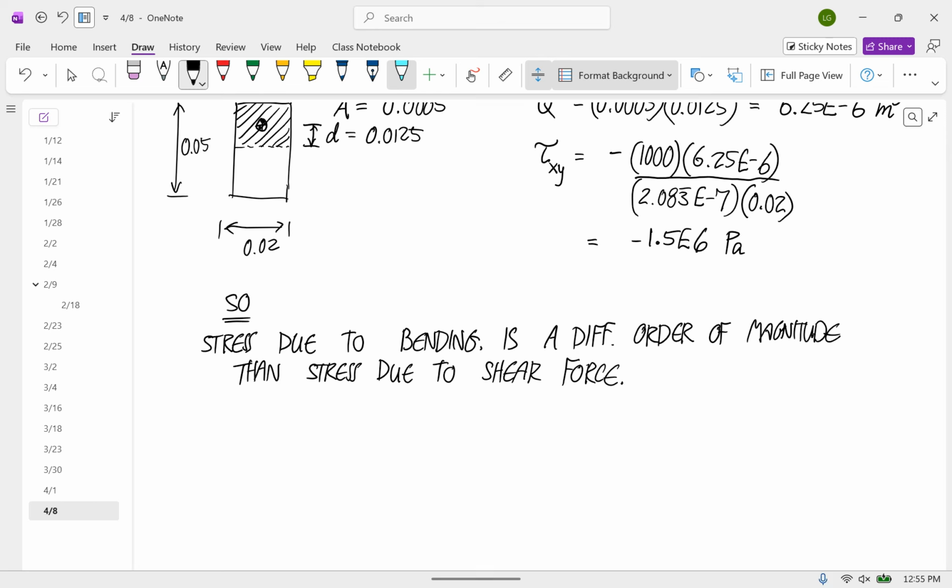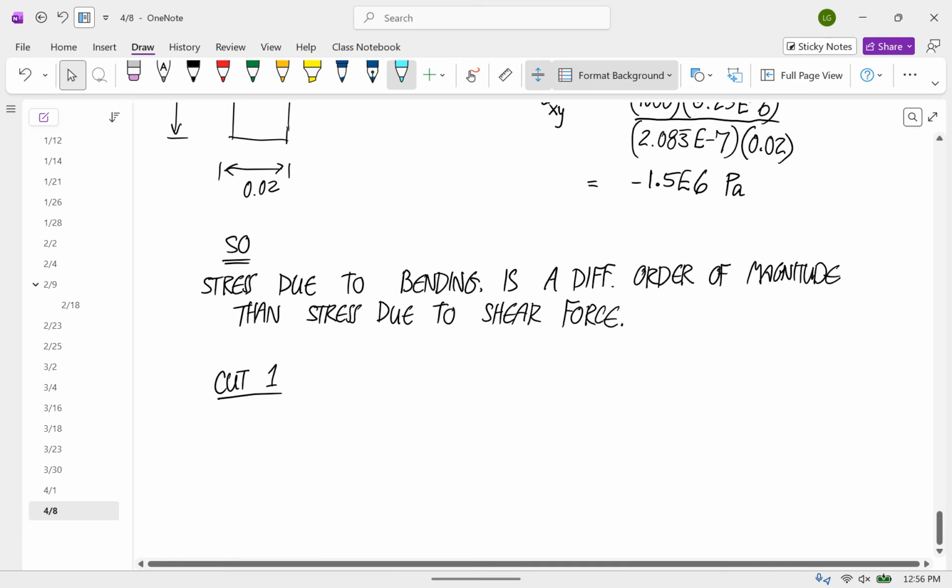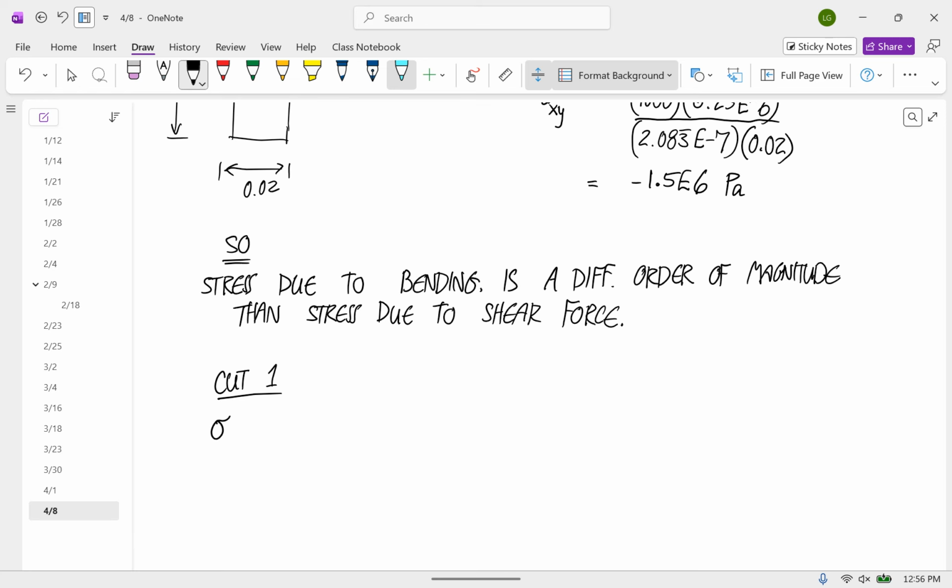So I'm going to stay concerned with the top. I'm not going to worry about the effect of the shear force. Okay, so for cut 1, we get that the total stress tensor is negative 124 times 10 to the 6, 0, 0, 0, 0, 0. Okay, like that.